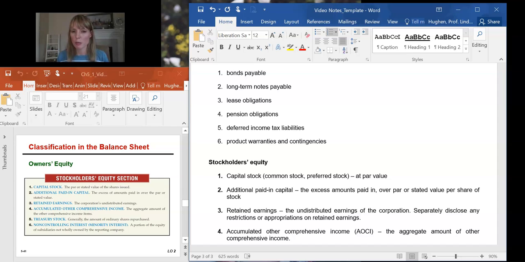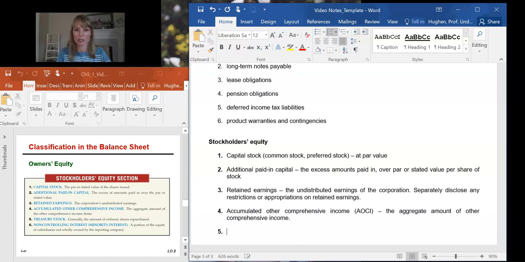Well, at this point in the semester, all we need to know is that other comprehensive income relates to the unrealized gains and losses on available for sale debt securities. They bypass net income. Instead, they get recorded into an account called other comprehensive income. And at the end of the accounting period, other comprehensive income gets accumulated. The balance gets transferred into accumulated other comprehensive income, or AOCI.